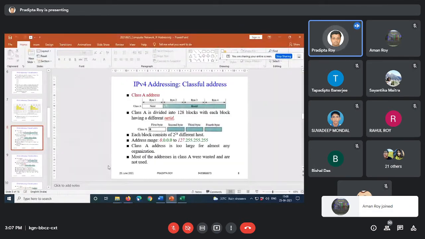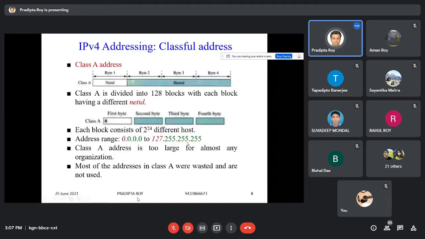So this is the utility of the loopback address. And the loopback address has another significant usage: when you attach your LAN card to your machine, you can check whether your LAN card is working properly or not before connecting your machine to a real network.